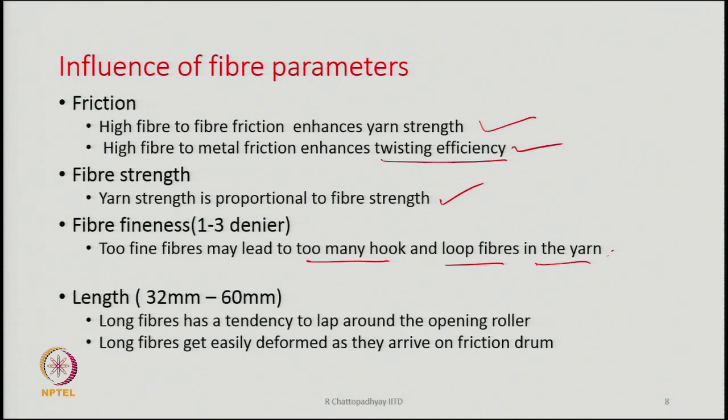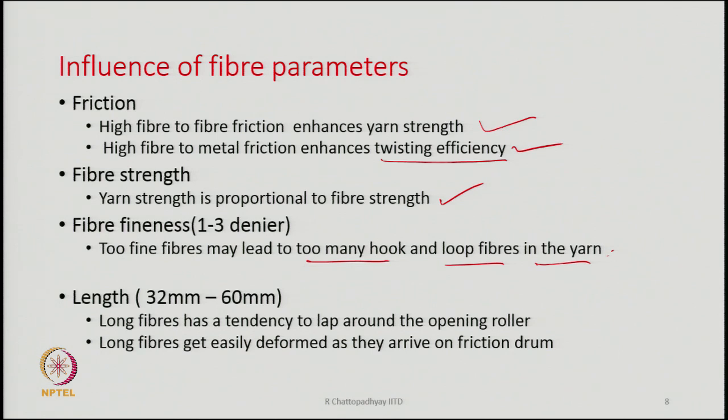There is a critical minimum number of fibers that we need in the cross section to make sure that spinning is feasible, or the spinning process is stable. That minimum number of fibers is much more here.